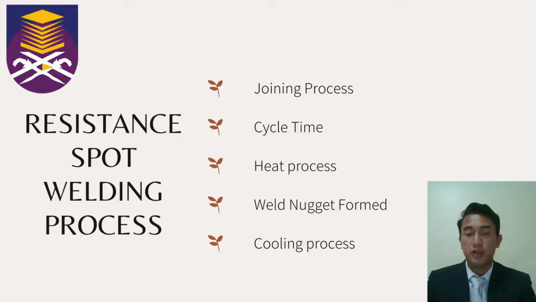The last one is the cooling process. The current will be stopped and not applied so that the cooling process can occur. So the important parameters used for resistance spot welding are the electrode itself, the size, and the current.